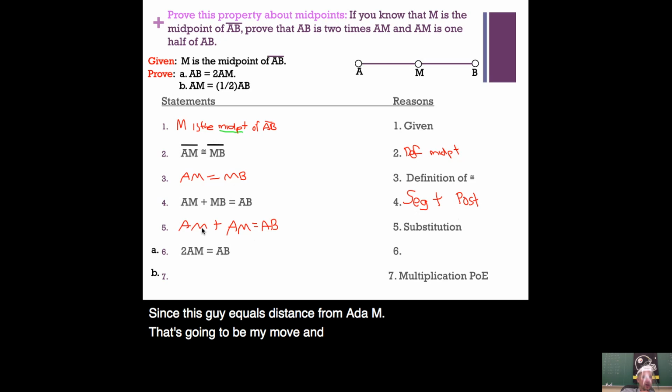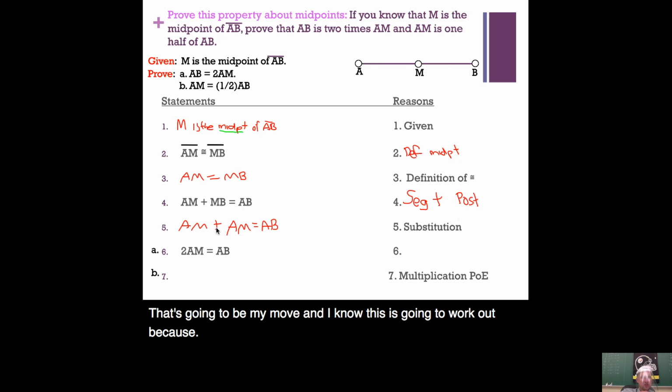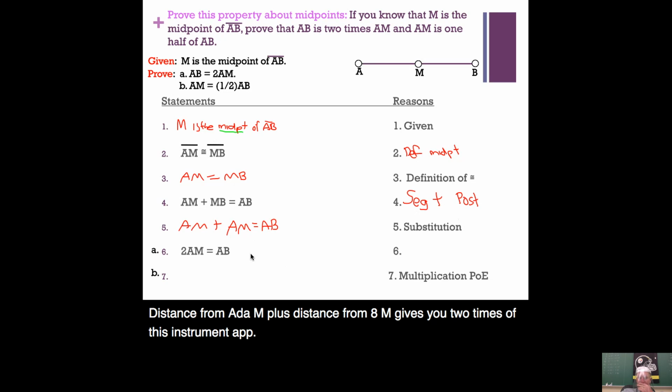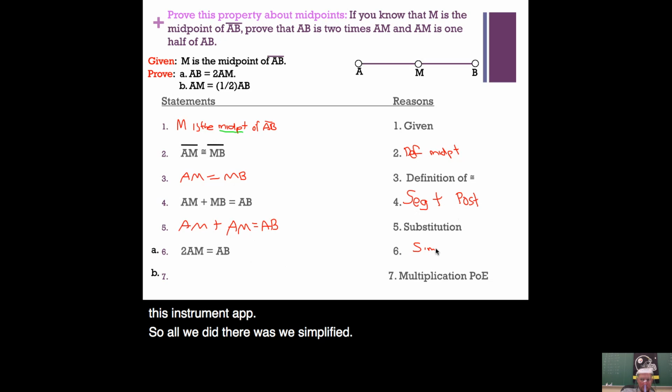And I know this is going to work out because distance from A to M plus distance from A to M gives you 2 times the distance from A to M. So all we did there was we simplified. I combined these like terms.